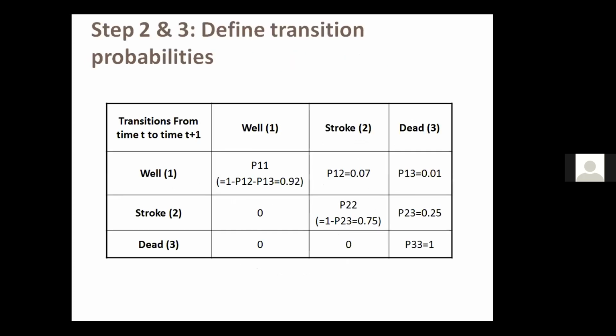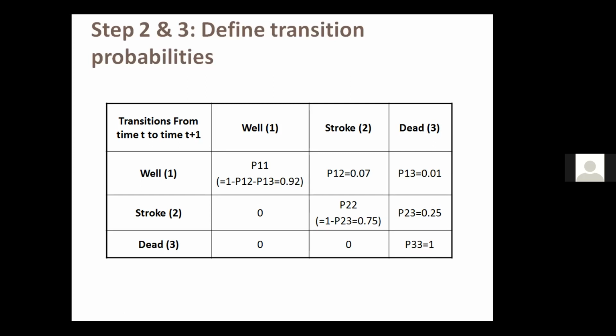So these probabilities can be fit in a matrix. Like there are three situations. For example, you are fine, suddenly you have a stroke, and then another situation is dead. So P12 is how many people who are well will have a stroke, 7%.